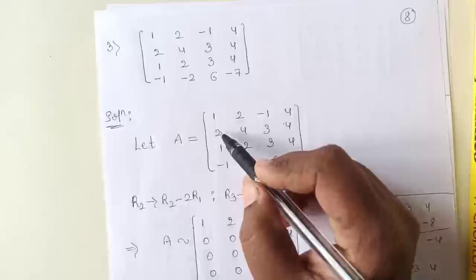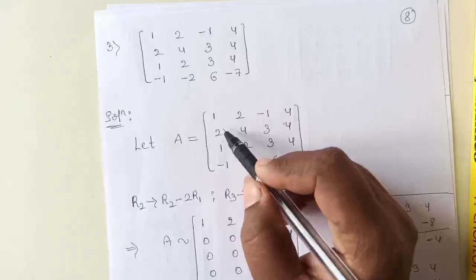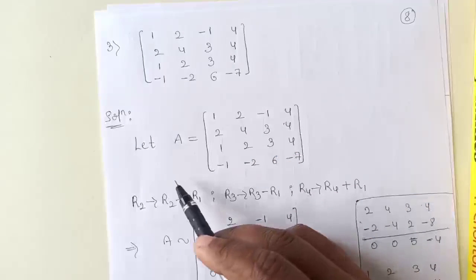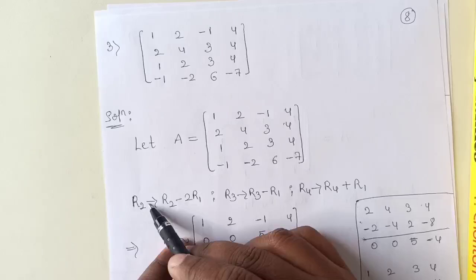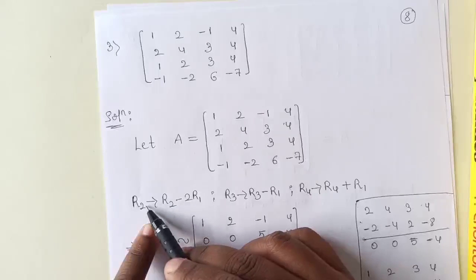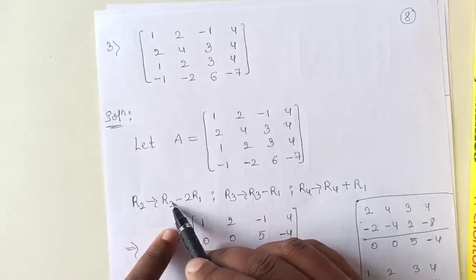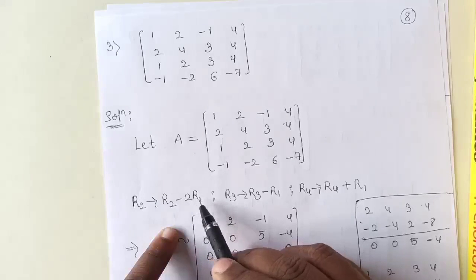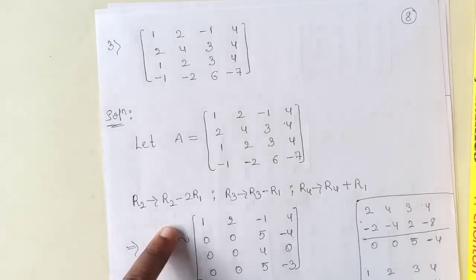0. In order to make this 0, we apply the elementary row operation, that is R2 is changed as R2 minus 2 into R1, right?